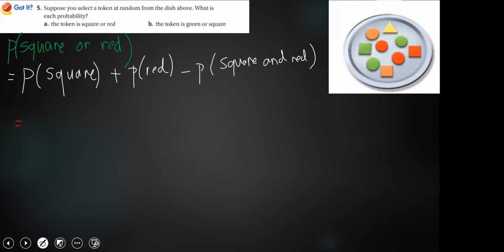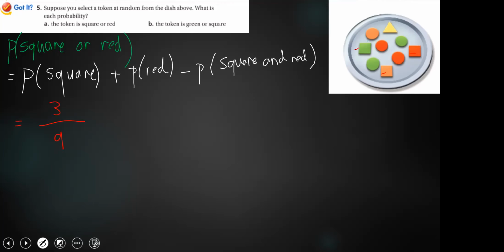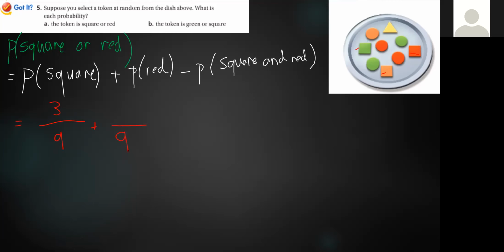All of us know that we have 9. How many are square? 1, 2, and 3. Now, what is the probability of getting red? How many are red? 1, 2, and 3 also. Teacher, they mean orange?